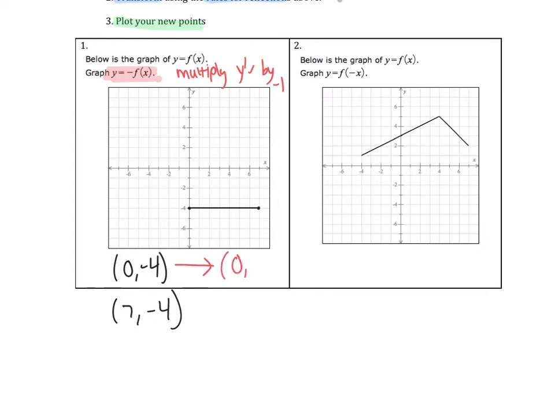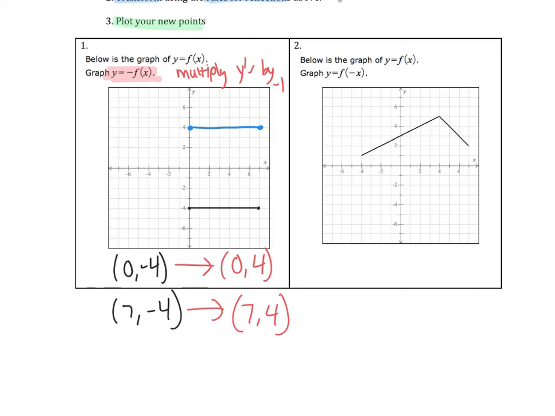So I get 0, +4 for the first, and then I get 7, +4 for the second. Then I'm just going to plot my new points as my final step. So if I plot my new points on my graph, I've got 0, +4 right here, and 7, +4 right here. And there's your reflection over the x-axis. Notice that you can tell that it reflected over the x-axis.